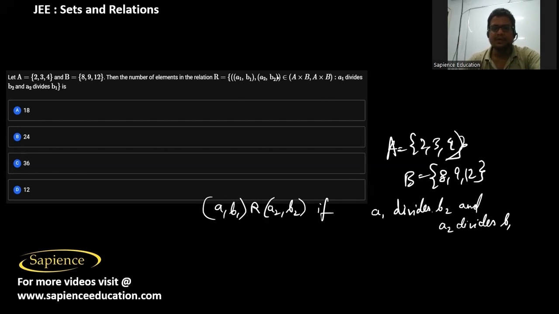So A1 and A2 belong to set A, and B1 and B2 belong to set B. So then you have to find out the number of elements in the relation R.